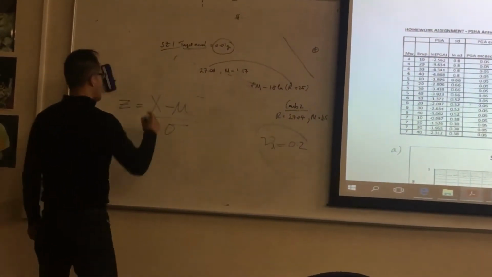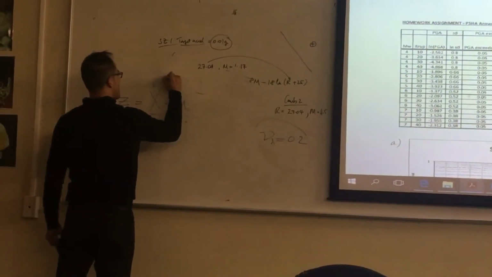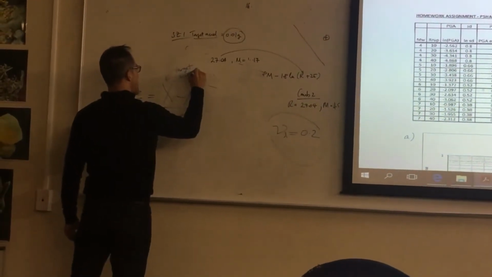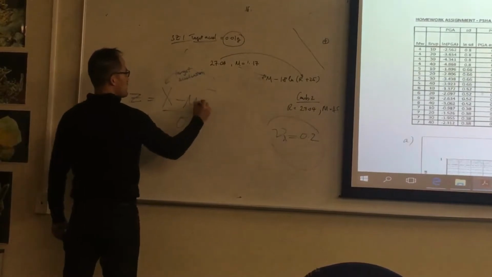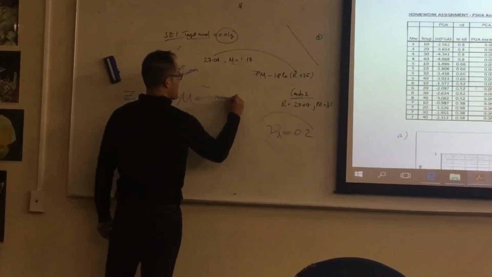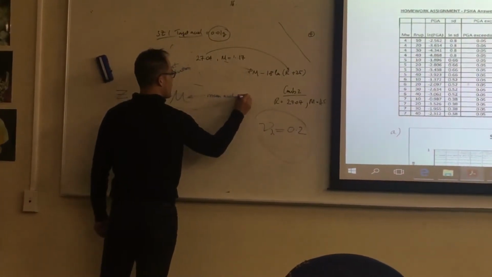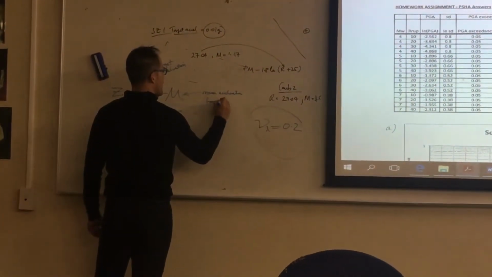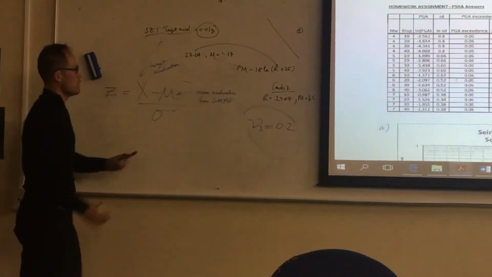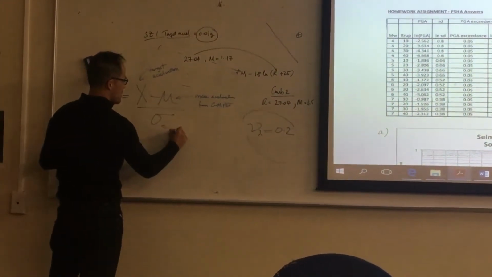In the context of our problem, this is the target acceleration, and this is our mean acceleration from our ground motion prediction equation. Okay, this is our standard deviation.